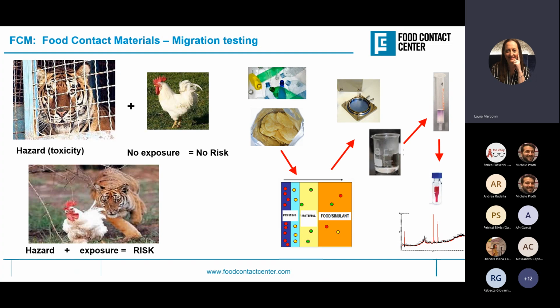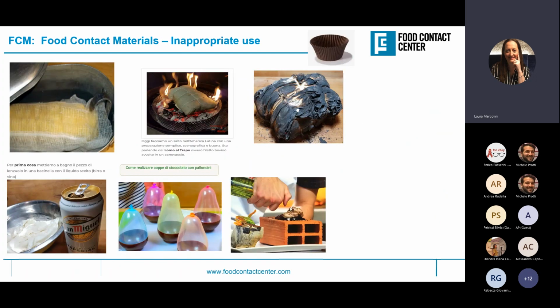So we must evaluate how the substances move into the material and into polymers. We use Fick's first and second laws to evaluate the migration into the material, and then we have to identify and quantify substances in the simulant or also in the food.